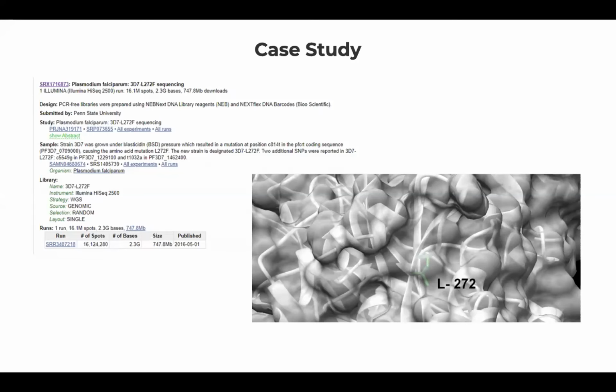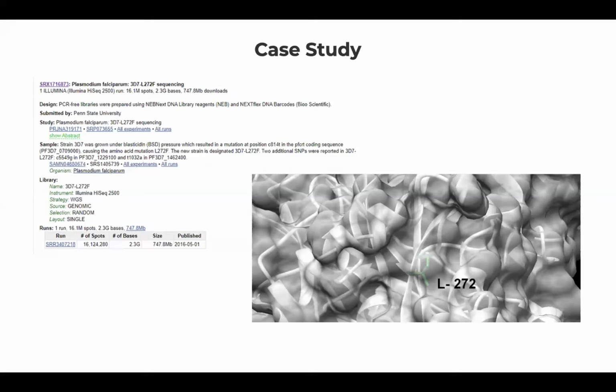Here on the left panel, you see that there is a BioProject. A BioProject is a compilation which is available under NCBI. Here we found one data set that has been processed with this mutation that caused the mutation at that position in the amino acid.